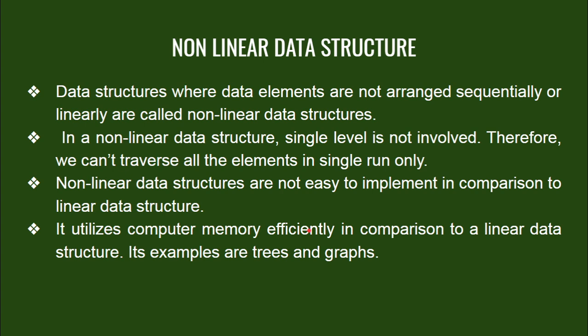So, we allot one particular memory area for a data, and the subdata, which are all the components of the previous data, will be stored as a node or a collection in a particular part of the memory. So here no wastage of memory will be there in the non-linear data structure. But in the case of linear structure, we cannot utilize the memory efficiently.